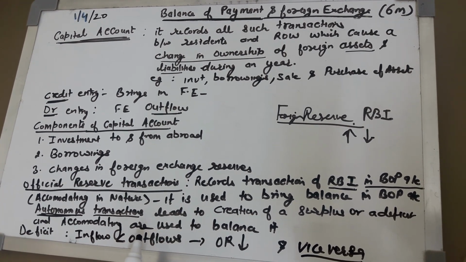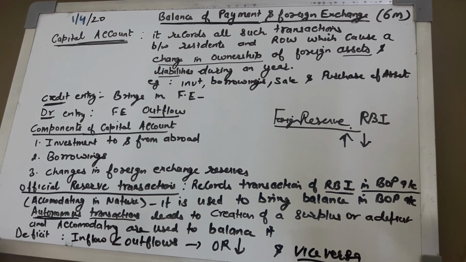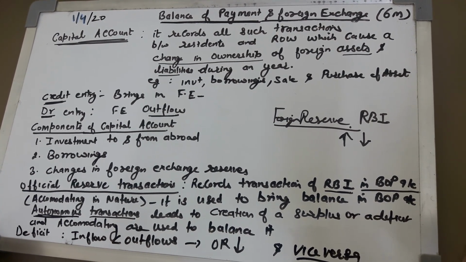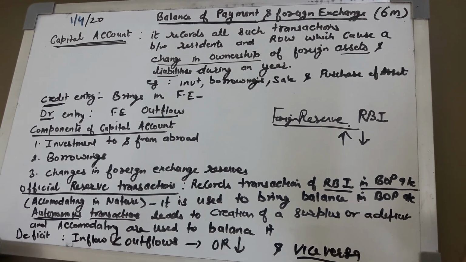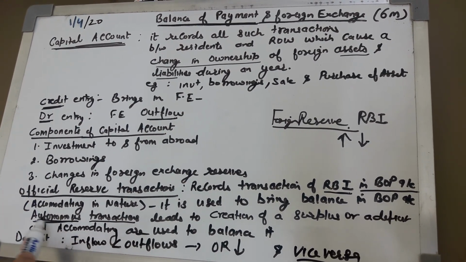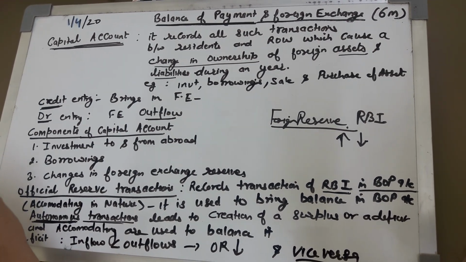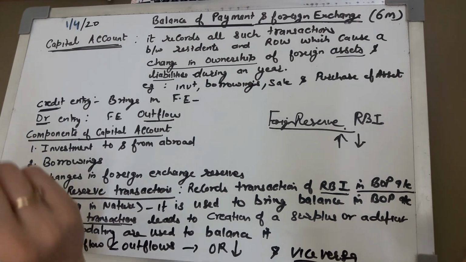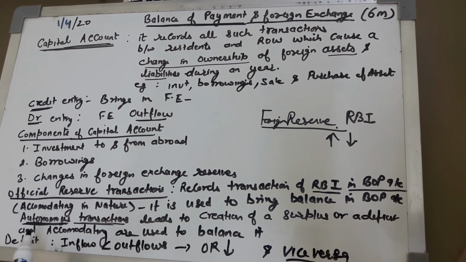Now look at this very carefully. I am exporting something. Whenever I export something, do I first of all look at the condition of BOP and then export? No. So export is an autonomous transaction. Similarly, when I am importing something, I do not look at that, and it is again an autonomous transaction.